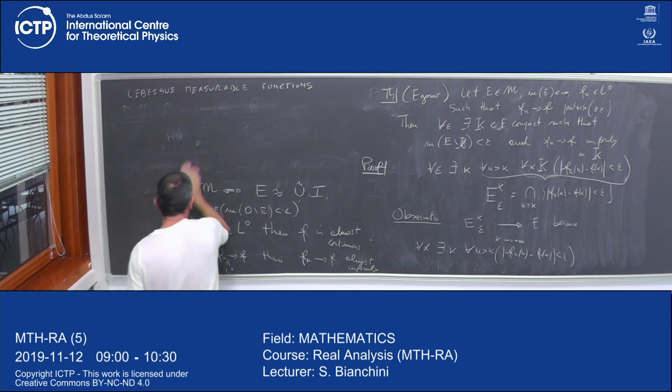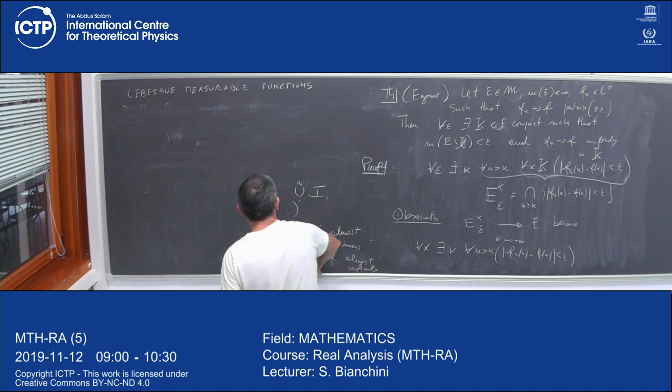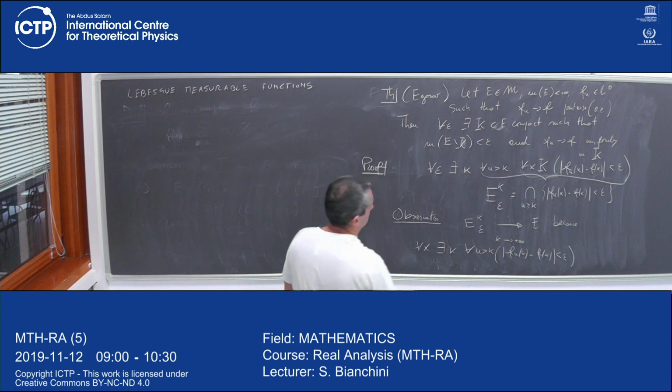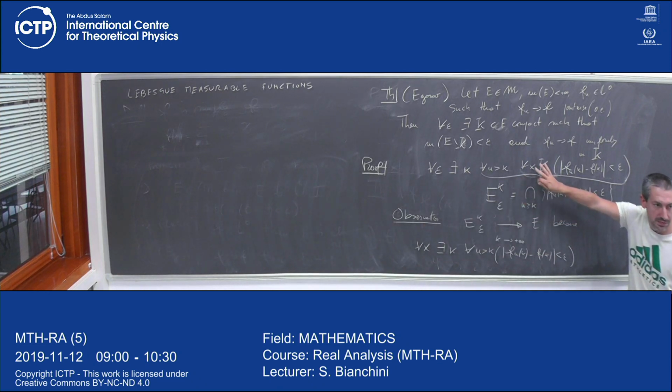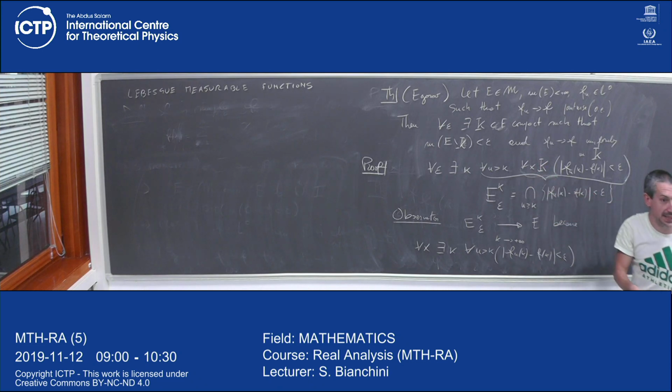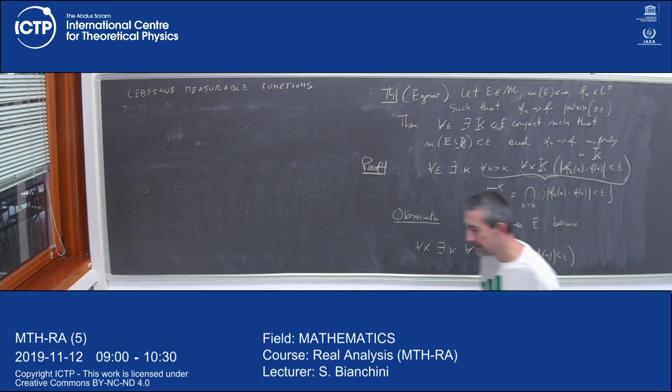Well, now properties of the measure. So you see, the sets are increasing in k, no? Because if I take a larger k, I intersect fewer sets, and it converges to E. Property of the measure.